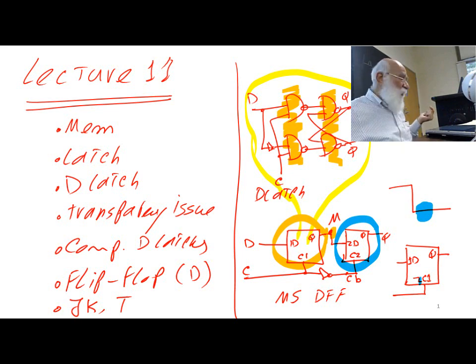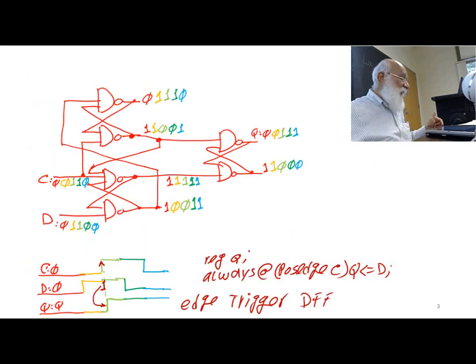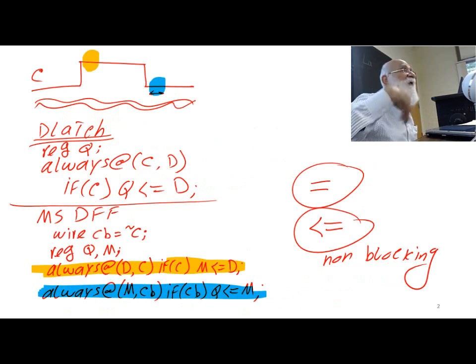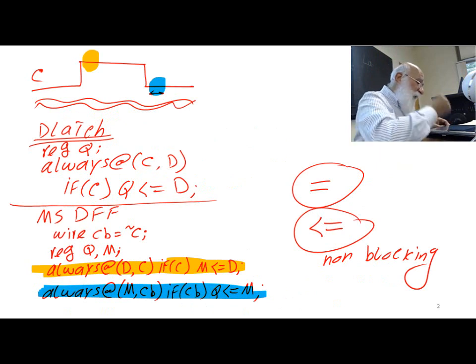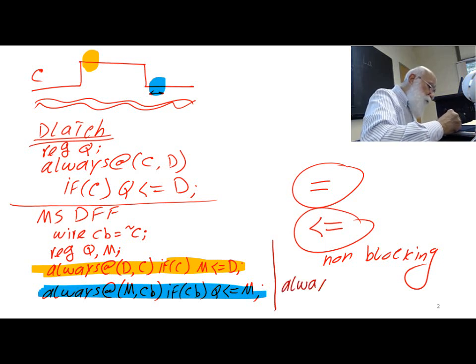You see that when C goes to 0, the value of D goes onto the output Q. Even though this is not the same structure as this one, we can interpret it as an edge trigger flip-flop, and therefore we can also write the description of it as always at, here is neg edge.